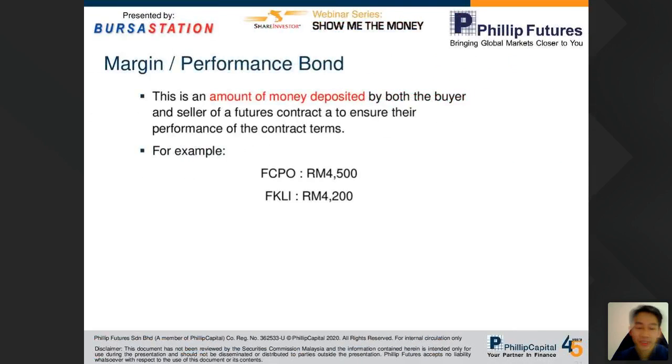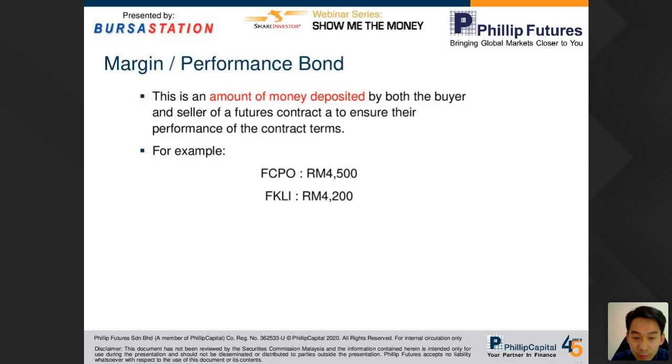The next thing that you have to know is margin. Margin is also known as performance bond. In other words, it is the amount of money deposited by both buyers and sellers to ensure the performance of the contract terms. For FCPO, the margin is 4,500, and FKLI is 4,200.